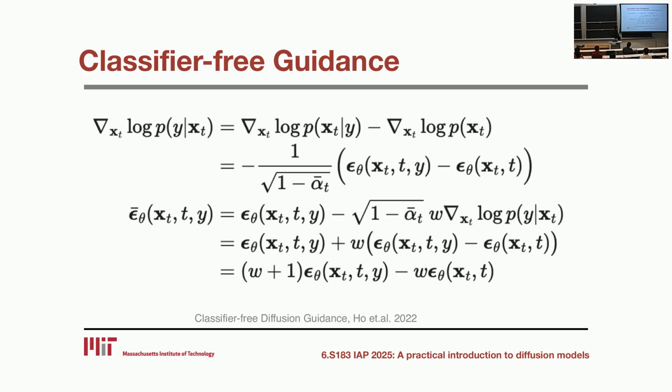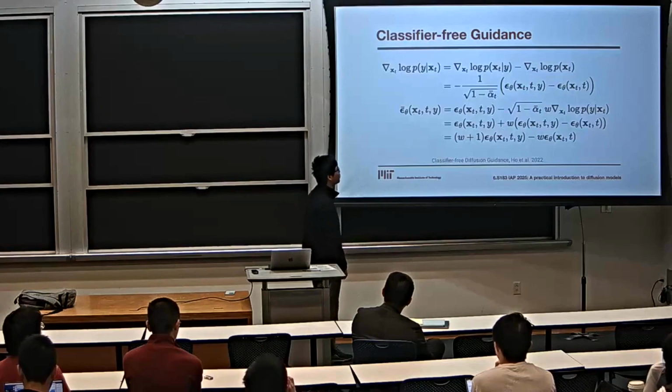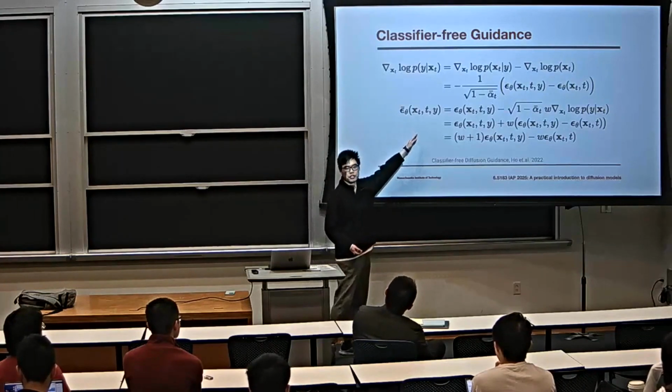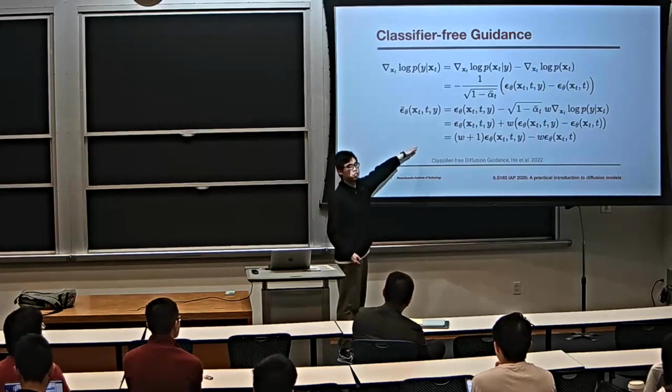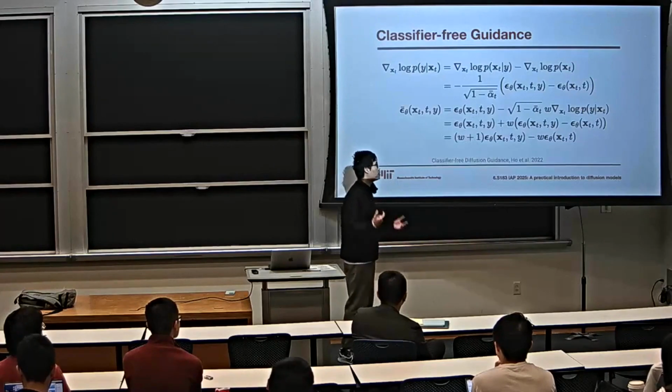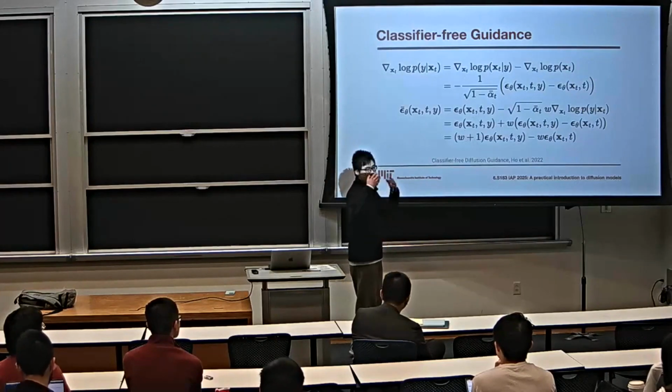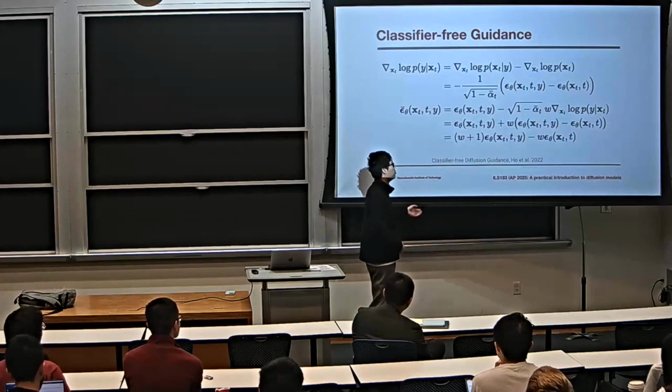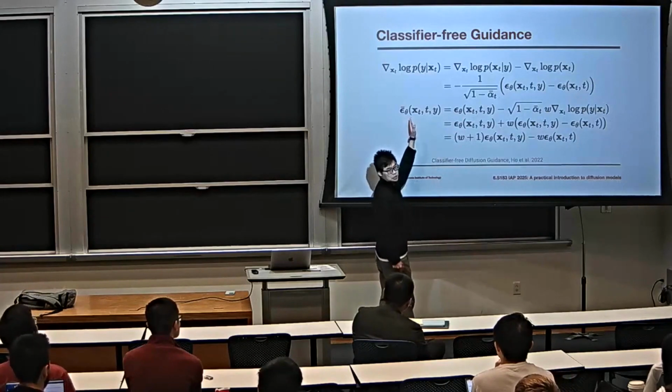So here is the final form of classifier-free guidance. Now, instead of doing x, we are saying more rigorously, we are using x_t, that is a noisy version of x. And you can see that if our neural network predicts the epsilon prediction, that is predicting the noise, with all the math before, we are going to modify this epsilon term.